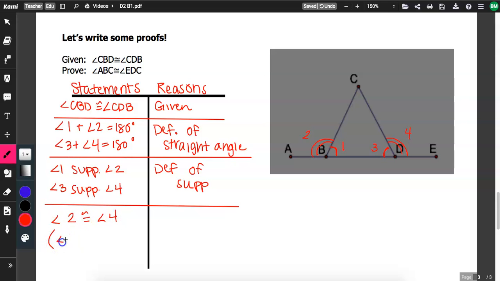This is the same as angle ABC is congruent to angle EDC. As long as you have your picture clearly labeled, you can use numbers to shorten it a bit. And then I'll use the statement we wrote above to support this, the reason. The reason is supplements of congruent angles are congruent. And there's my proof.